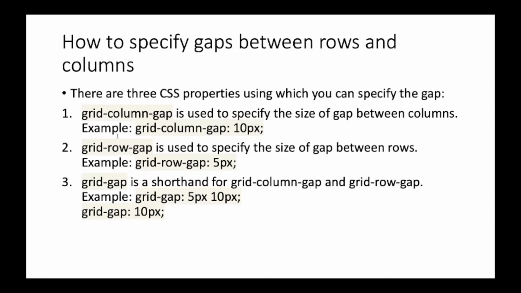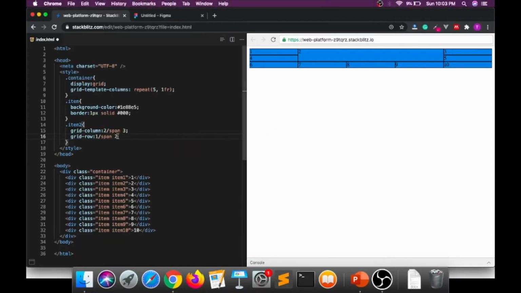The first one, grid-column-gap, is used to specify the size of the gap between columns. Grid-row-gap is used to specify the size of the gap between rows, and grid-gap is actually a shorthand for grid-column-gap and grid-row-gap. Let me quickly show you how you can apply this.